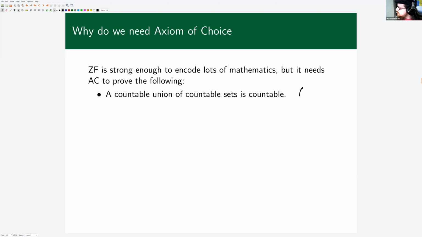You need the axiom of countable choice for this, which says that if you have a countable collection of non-empty sets, then there is a choice function, which is weaker than full axiom of choice, but you do need something like this. And in fact, you can't prove in ZF that a countable union of finite sets is countable. Even then, you need a very weak choice principle to prove that.